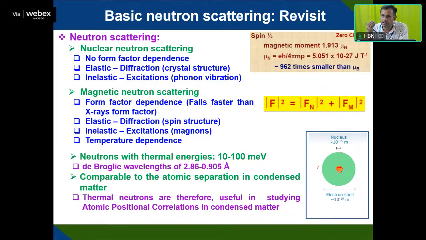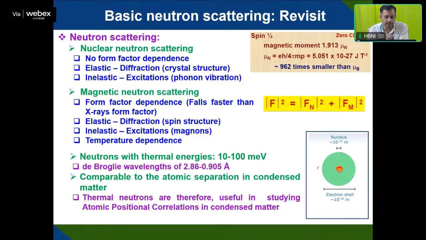Because the neutron has a magnetic moment like an electron, there is a possibility of magnetic scattering also. In nuclear neutron scattering, there is no form factor dependency, unlike in X-ray, where the scattering intensity depends upon the electron density.